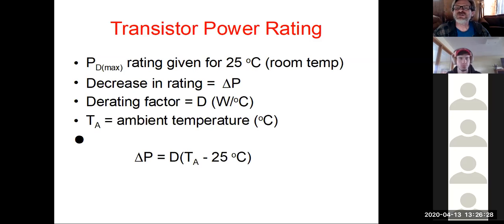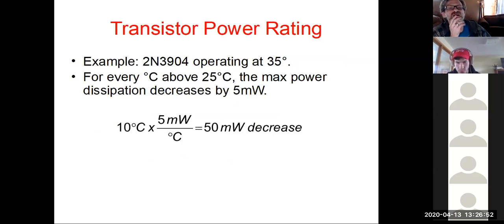Our normal operating would be 25 degrees, but let's say we're operating at like 35 or something like that. So then we would have to throw in those numbers: 35 minus the 25 comes up with a 10, and then multiply that with the derating factor that we would have. And that would give us our delta P, or what our operating point would be for this transistor. Click the next slide, Brenna.